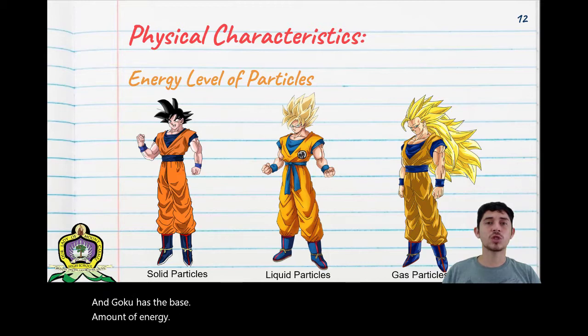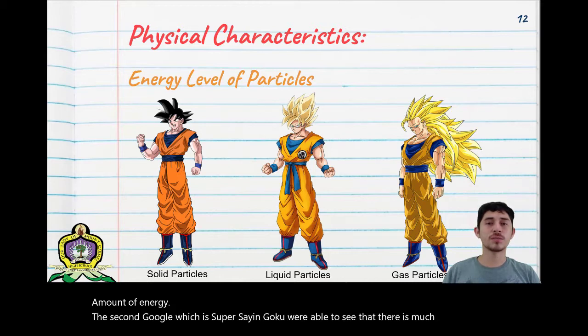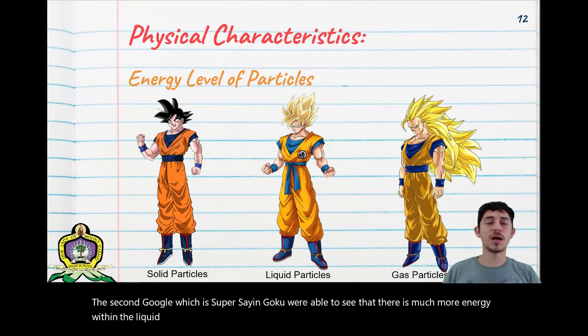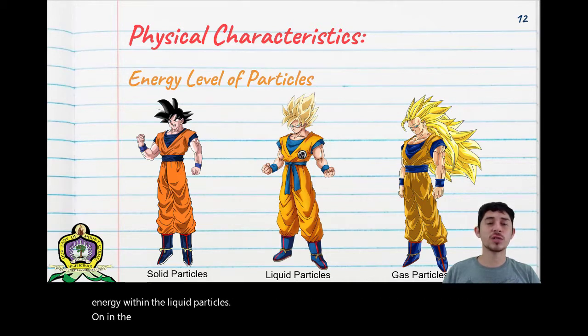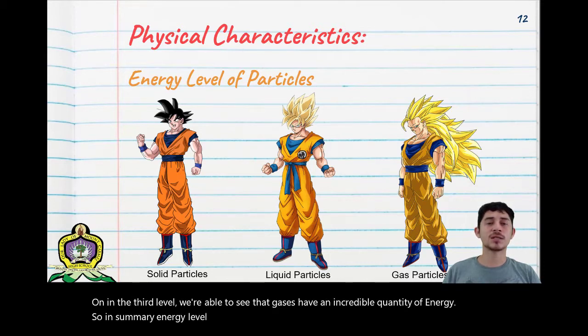The second Goku, which is Super Saiyan Goku, we're able to see that there is much more energy within the liquid particles. And in the third level, we're able to see that gases have an incredible quantity of energy. So in summary, energy level increases as the state of matter changes.